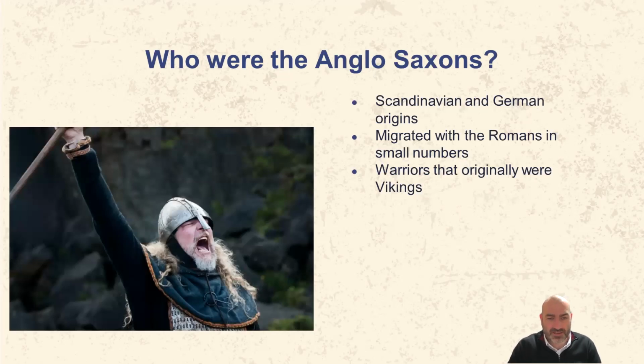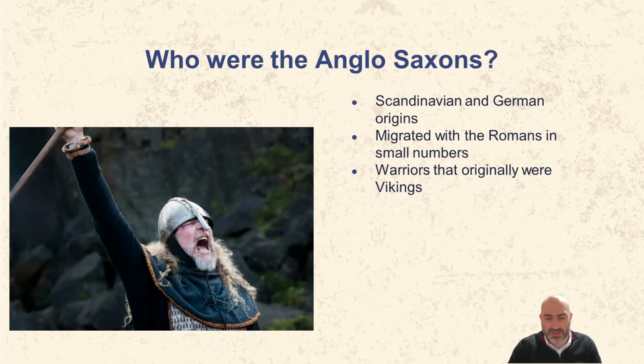Who were the Anglo Saxons? So the Anglo Saxons were originally people from Northern Europe, so Scandinavia and what is now Germany. And the Anglo Saxons traveled and settled in many places around Europe.